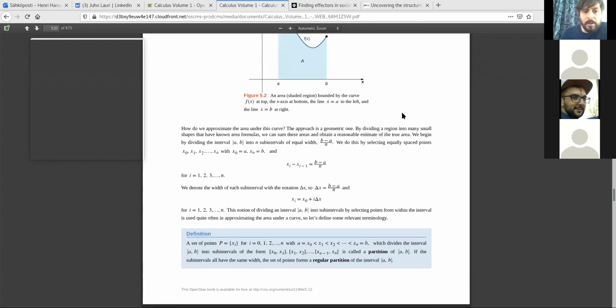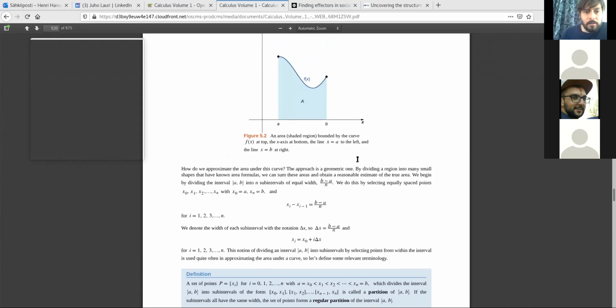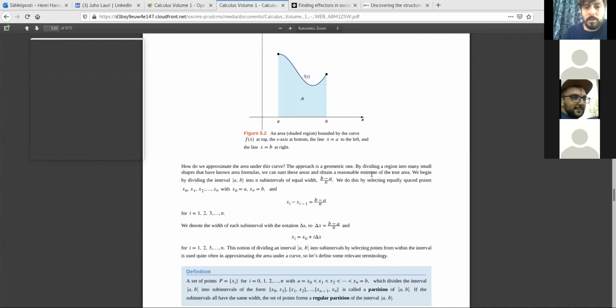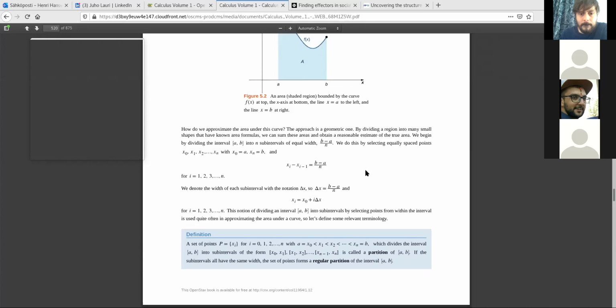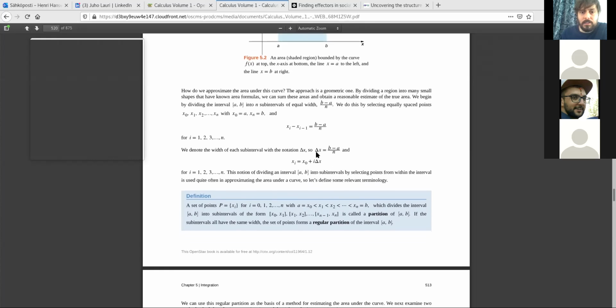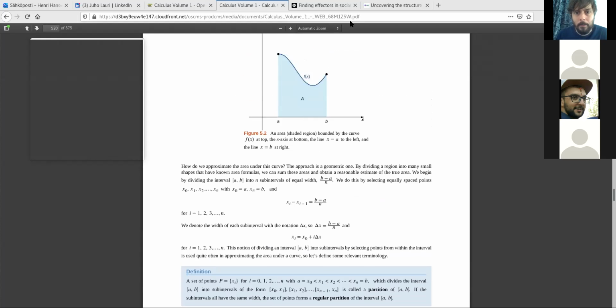So here's an algebraic intuition about it. We begin by dividing the interval into sub-intervals, and we select points here. This would be x0 is A, xn is B, and then the next one is 1/n of the way forwards. Let's just call this 1/n delta x. How much distance is there from one point to the next?